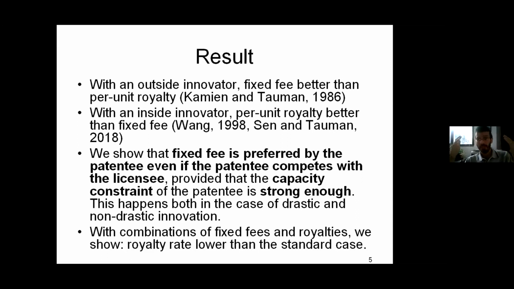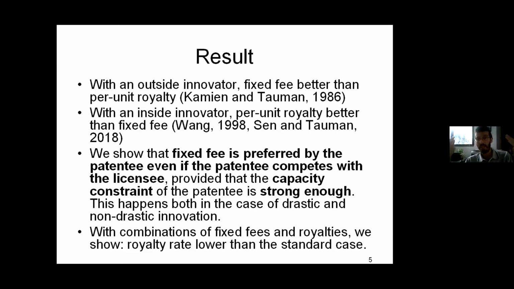This dates back to Kamien and Tauman 1986. Many other papers show that in many situations, for an outside innovator, it is better to license by means of a fixed fee rather than per unit royalties. With an inside innovator, on the opposite, per unit royalty is often better than a fixed fee.